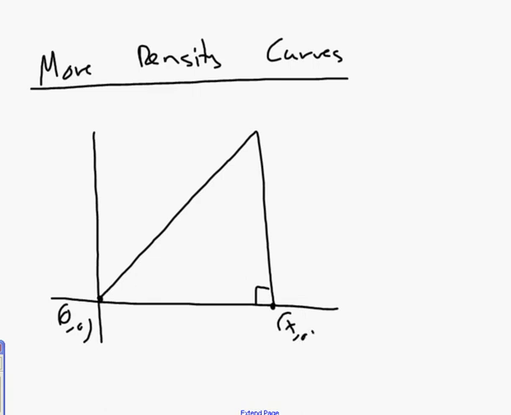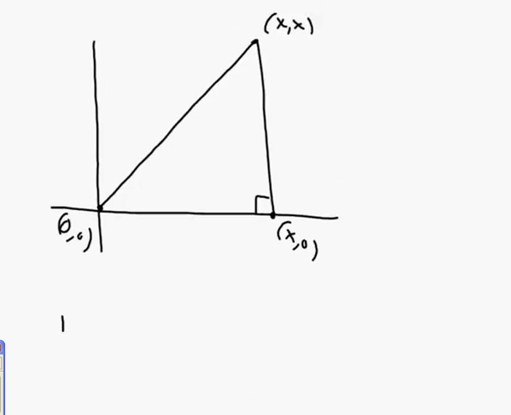And what's also special is its height is the same as its width. So up here is the point x comma x. Okay? So let's try and answer a couple of questions. First off, I want you to find out what x should be. So find x.